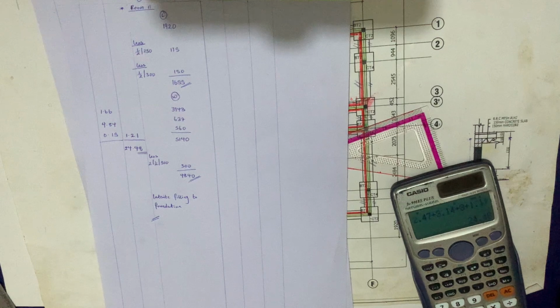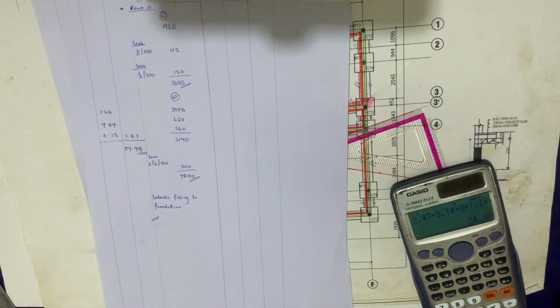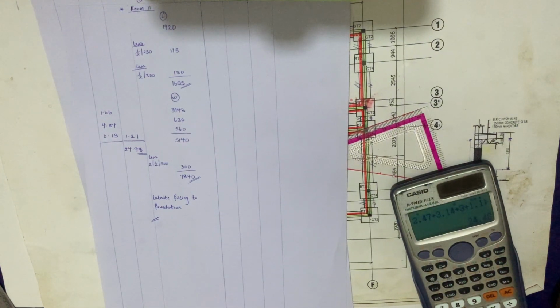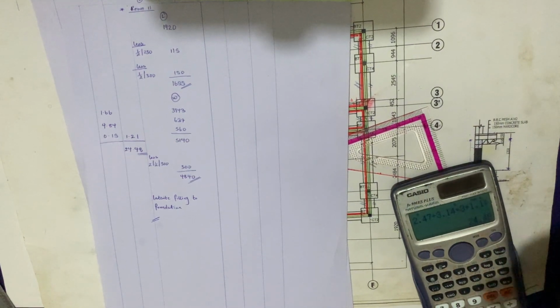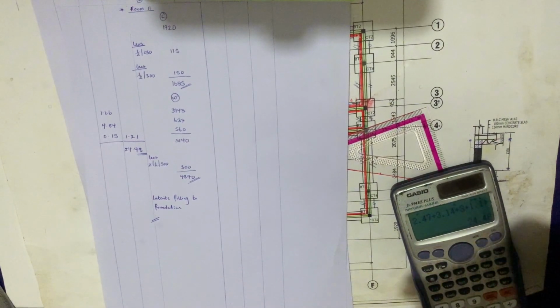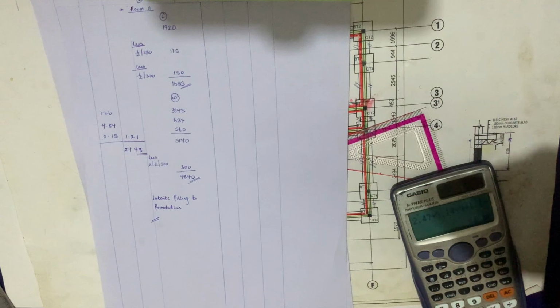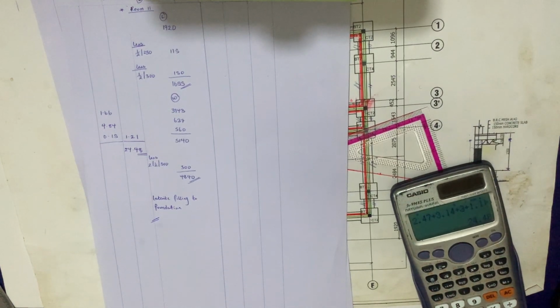For the hardcore filling, the BRC mesh and other things, we'll be doing it in our next video. So if you want to have an idea of a case where, like I said in the beginning of the video, the partitions for smaller sections or smaller areas of the rooms are also excavated into the foundation, check my previous work on measurements for substructural works.